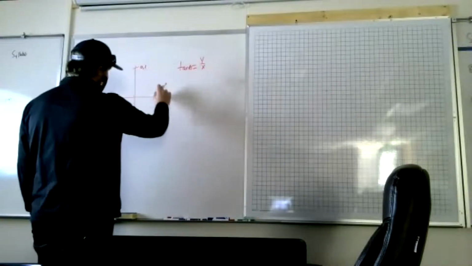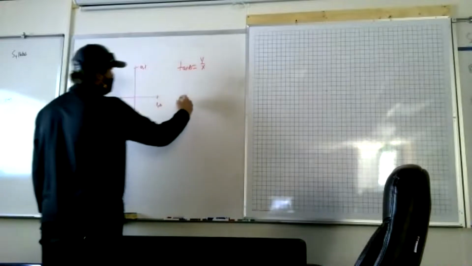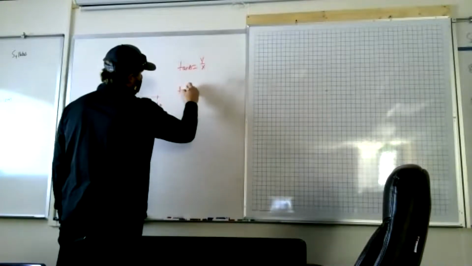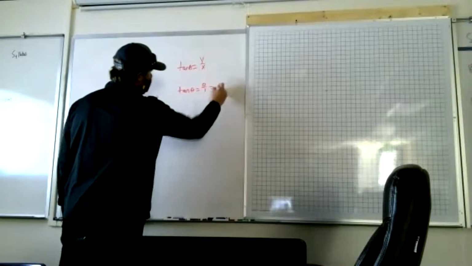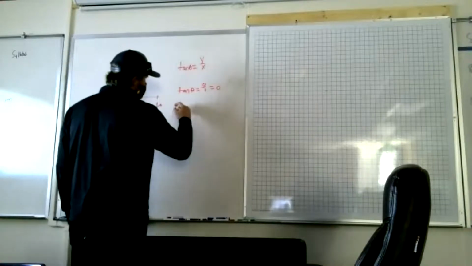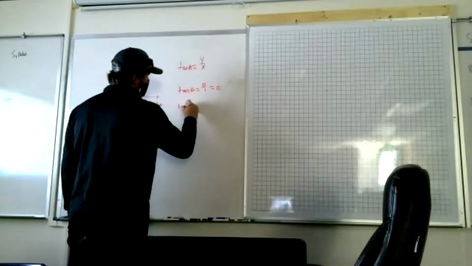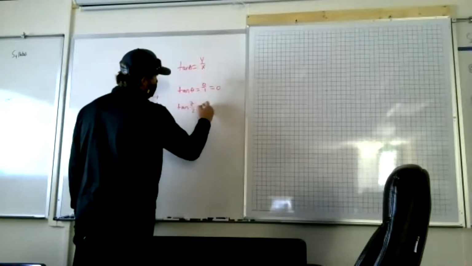Okay, so like this point right here, tangent of 0 degrees, tangent of 360 degrees, that is 0 over 1 or just 0. So tangent of pi halves is equal to y over x.